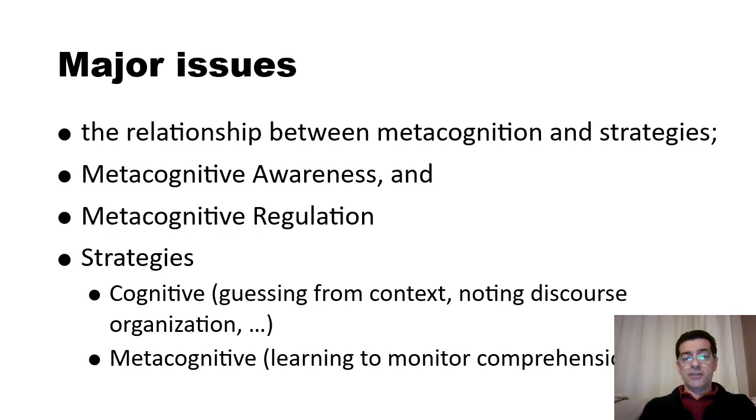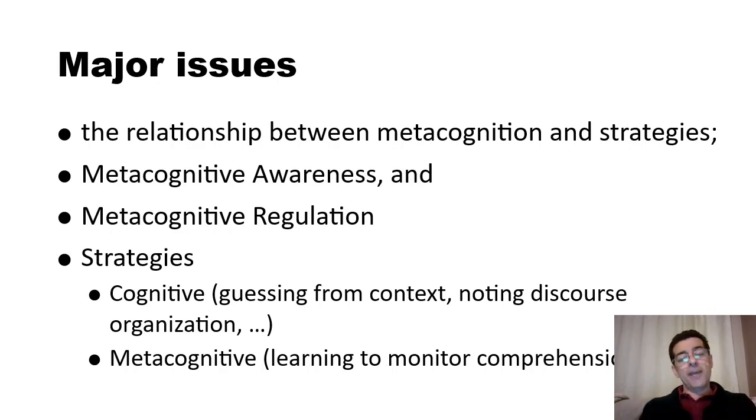Metacognitive strategies have been described as strategies that require an explicit awareness of reading itself, and that most strongly supports the goals of reading. For example, learning to monitor comprehension might be considered a metacognitive strategy in that it requires a conscious recognition of comprehension or miscomprehension, or a need to maintain comprehension.